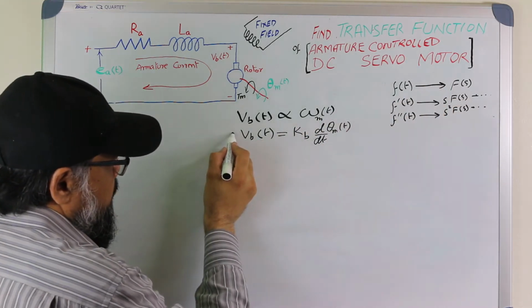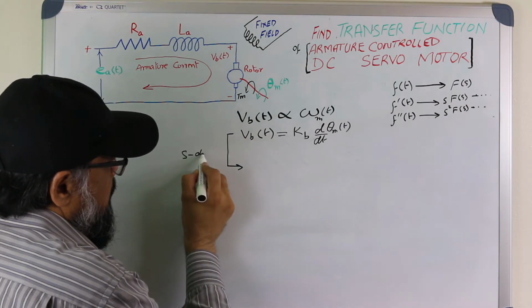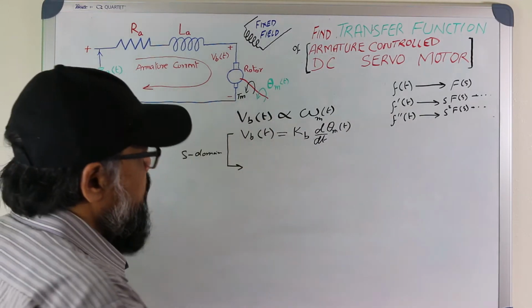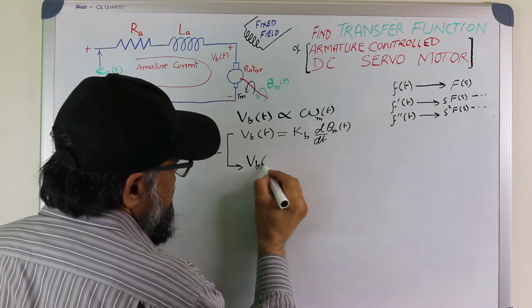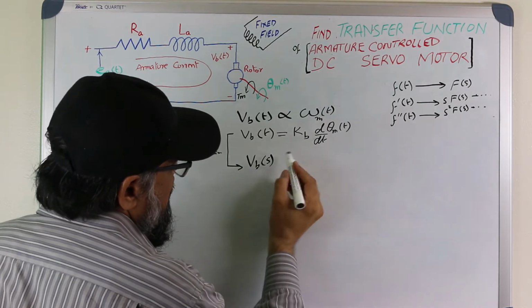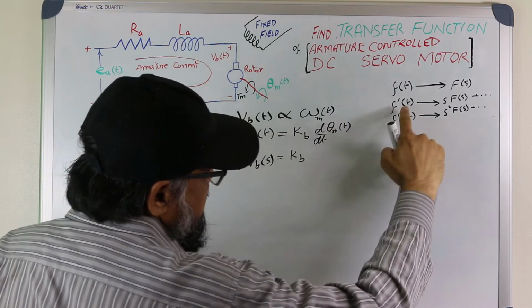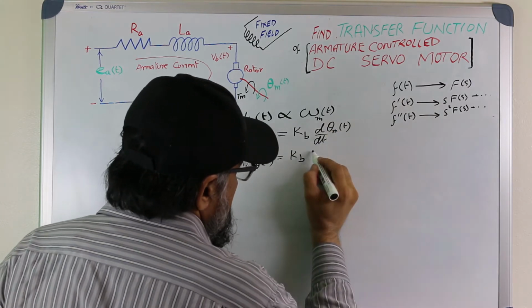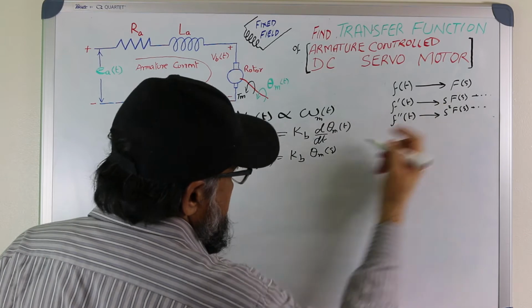Now we are going from time domain to S domain by applying the Laplace transform. What we get is VB(t) becomes VB(s) equals KB times, using this formula, theta m(s) and one s besides this.